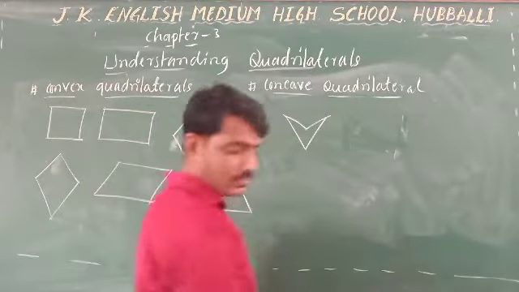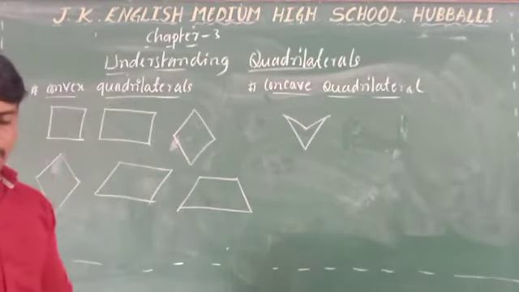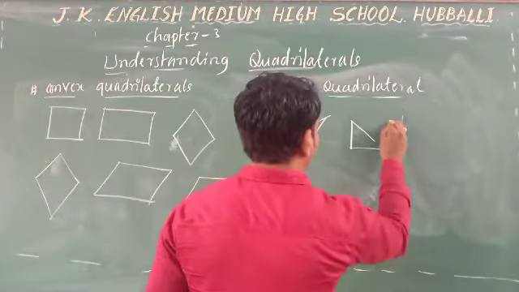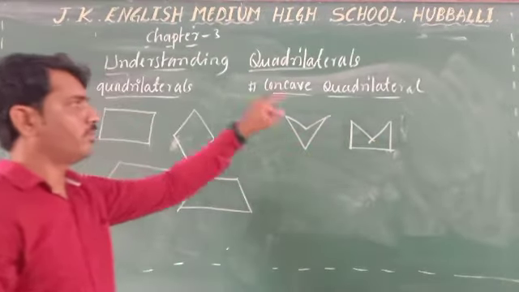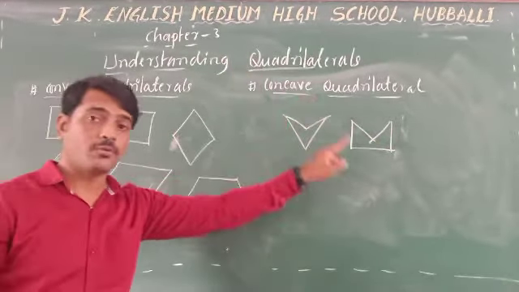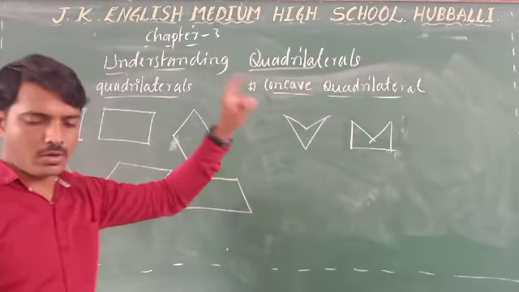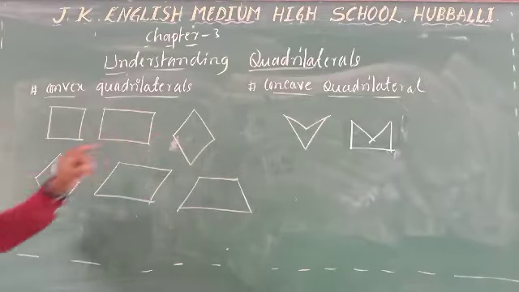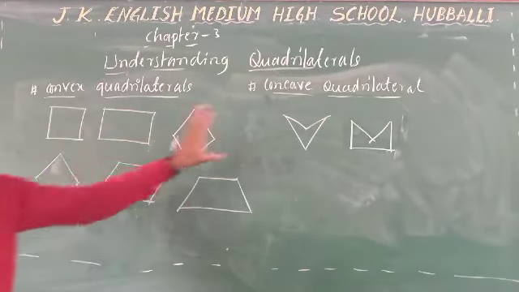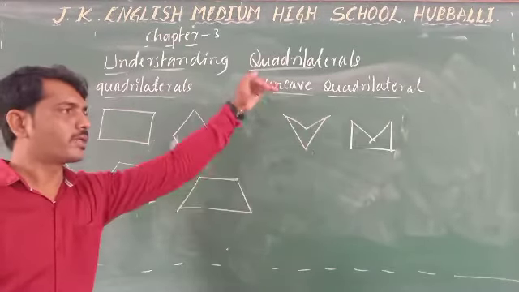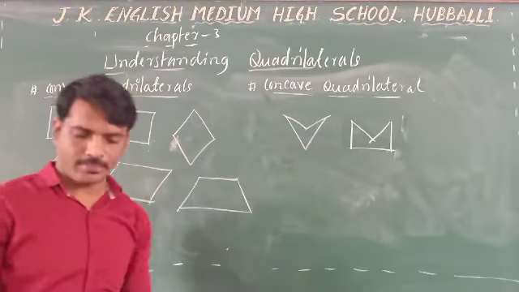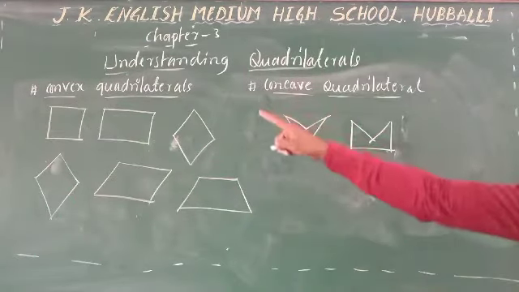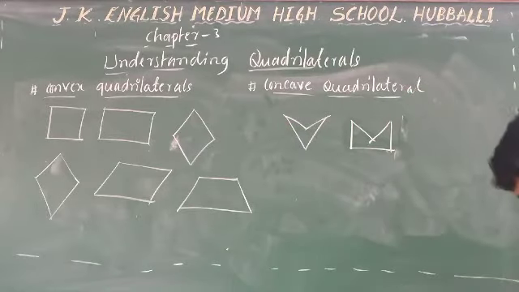One more diagram like this. Convex is dome shaped. Concave is where the shape comes inside. It's a folding shape. Clear, children? Okay, this is the convex and this is concave.